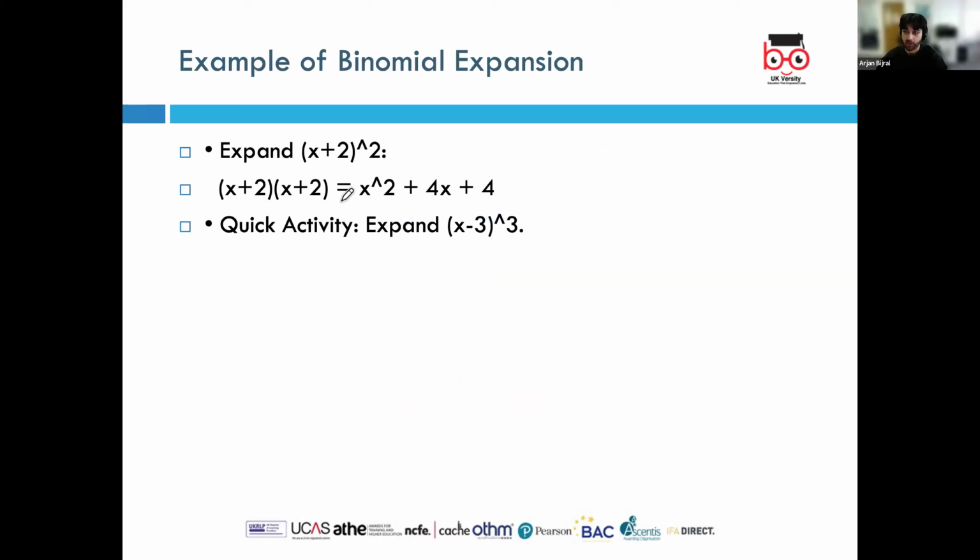So I'm going to get you to do one if that's okay. If you've got a pen and paper with you, can you just expand x minus 3 cubed for me, please. Just get some pen and paper and have a crack at it, and then we'll go through it and we can hopefully piece together anything you might not understand.